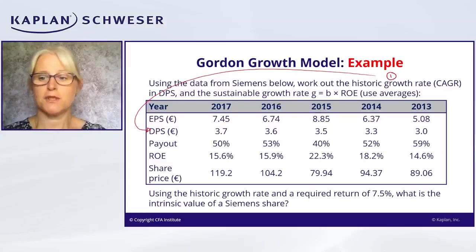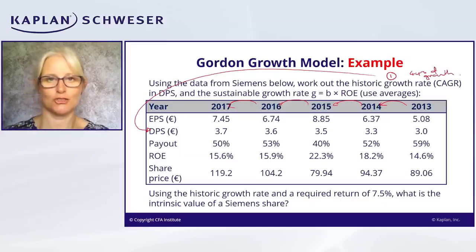And just be careful with your growth, because linking 2 years is 1 period of growth. So you've got 1, 2, 3, 4 periods of growth, but that spans 5 figures. Very easy to get 1 out from that. So we have 4 years' worth of growth. Growth links 2 years.